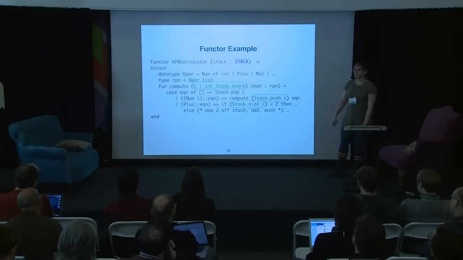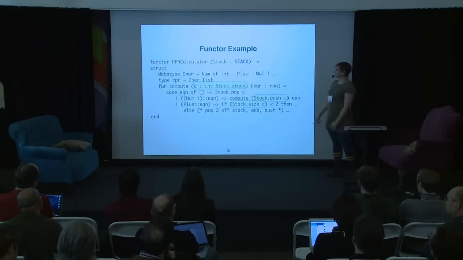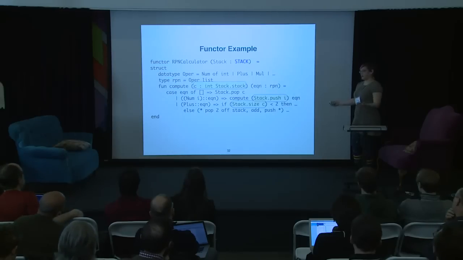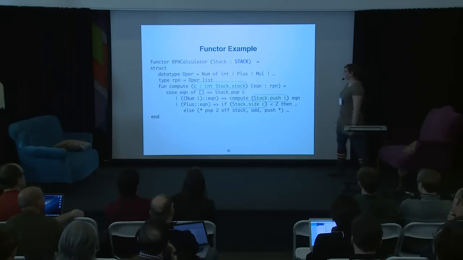So let's look at a concrete example. This is just the first thing that I thought of when I was like, well, what's some client code that might use a stack definition? It's just a reverse Polish notation calculator. So it's just some code where you don't really care what the underlying implementation of the stack is.